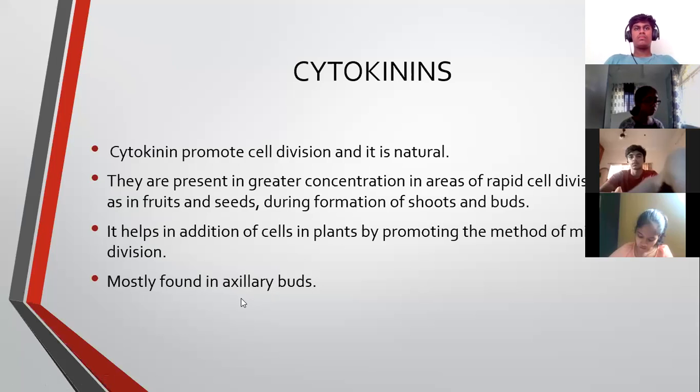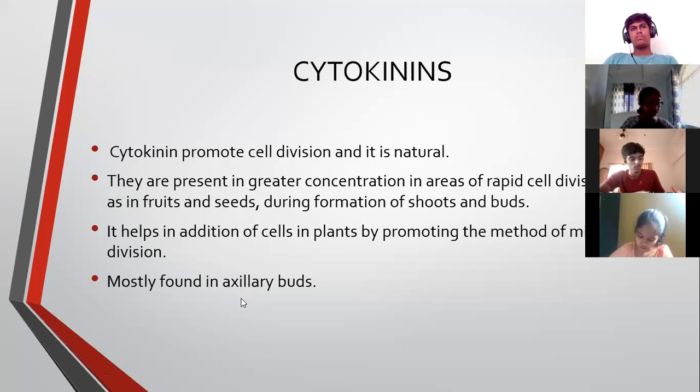And most of the time it is seen when a shoot or shoot bud is developing or fruit is formed, where in a very small span a lot of cells have to be produced so that a bigger mass of any particular part of the plant can be grown.